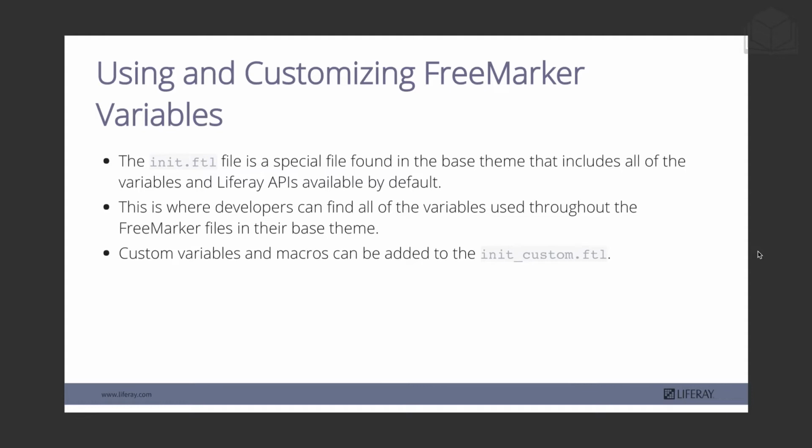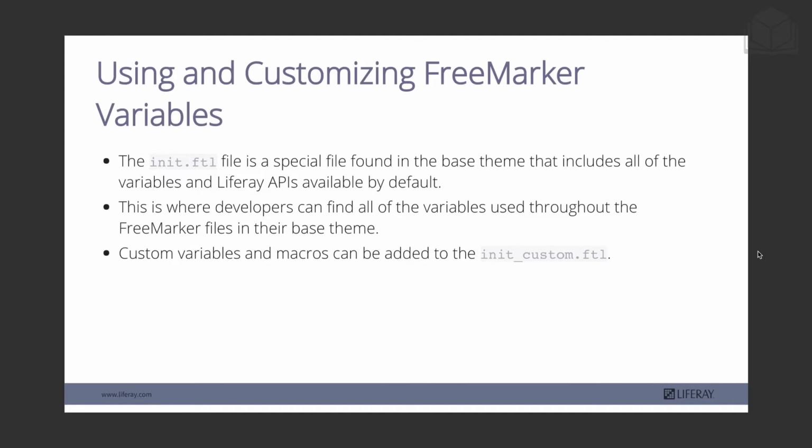So if you remember from the previous videos, one of the powers of FreeMarker is that we have the ability to reference Java objects. Okay, this is already in part done for us through the init FTL. There's a lot of mapping going on there. We have some methods, we have some objects that we can reference in our FreeMarker files. And in fact, in the portal normal file are already being referenced.